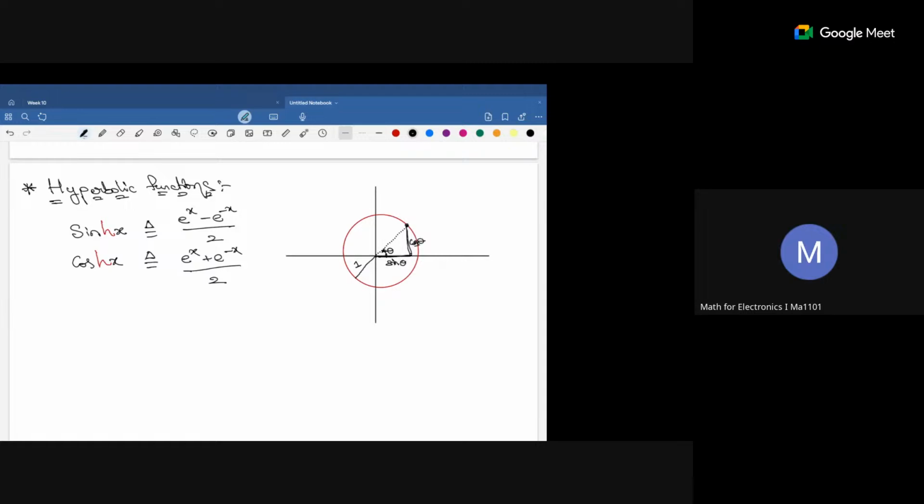So that's how sine theta and cos theta are defined. And if we completely plot sine hyperbolic of x, it would look like this.